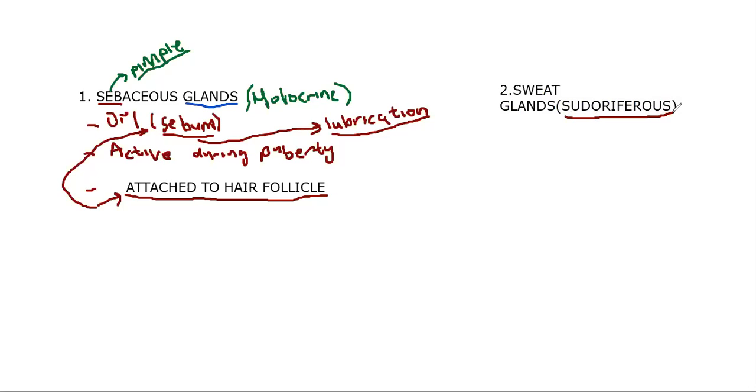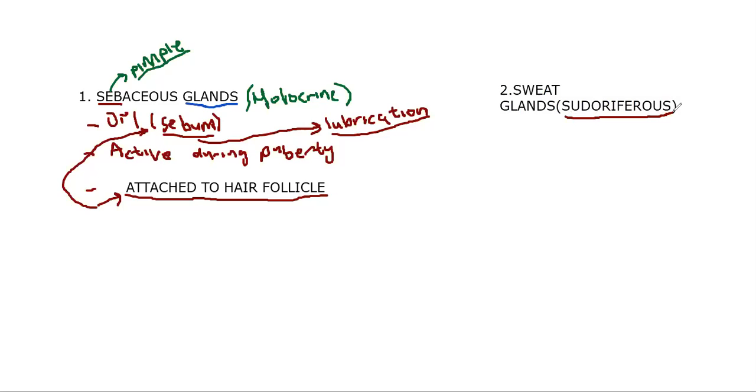Sudoriferous, right? So guys, I'm pretty sure you are aware that since yesterday, for some of the things I give you more than one word, because those are some of the words that they can use in the examination. I don't want you to get to a point whereby you know something, but you don't know the word that they used for that particular structure.